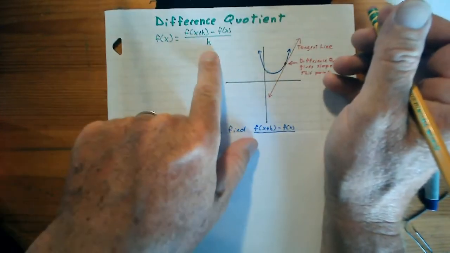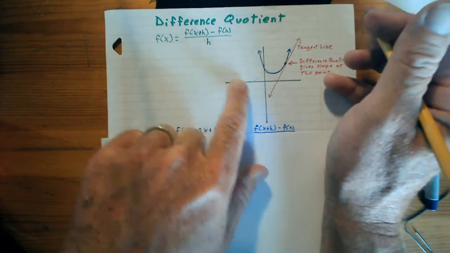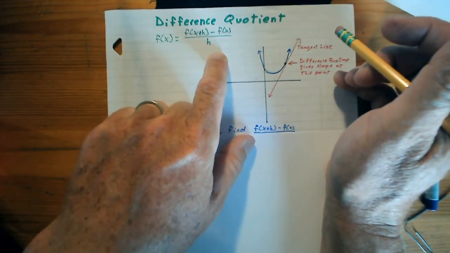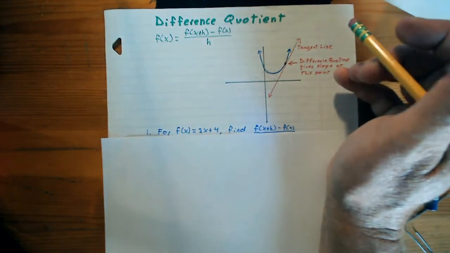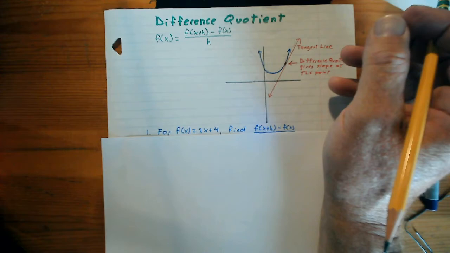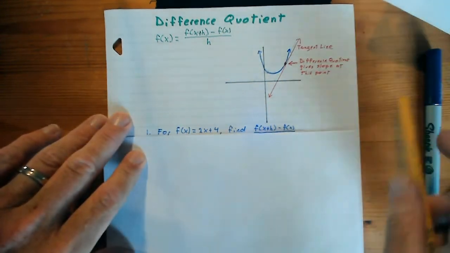Because if it was 0, I couldn't divide by it. So h is just going to be a number that is infinitesimally small, but not 0. But awful close to it.